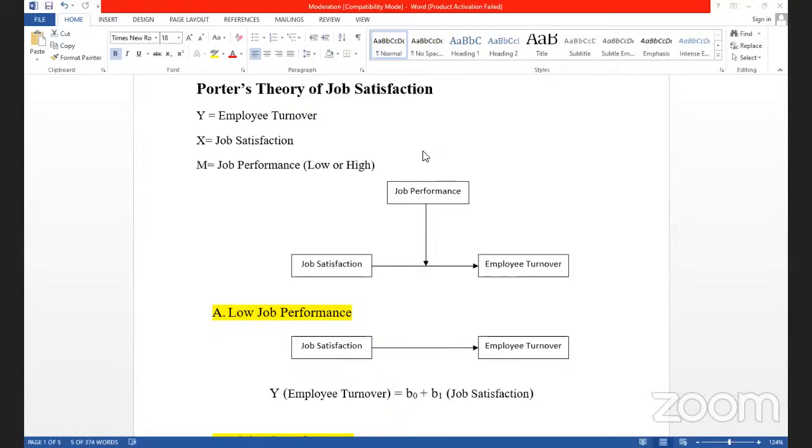In this case study, this theory says employee turnover depends on satisfaction. So there is a significant relationship. But the job performance moderator variable influences the relationship between job satisfaction and employee turnover.